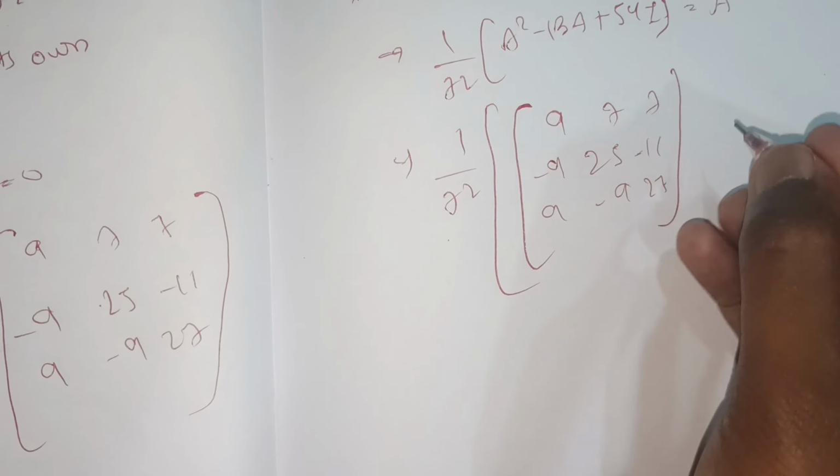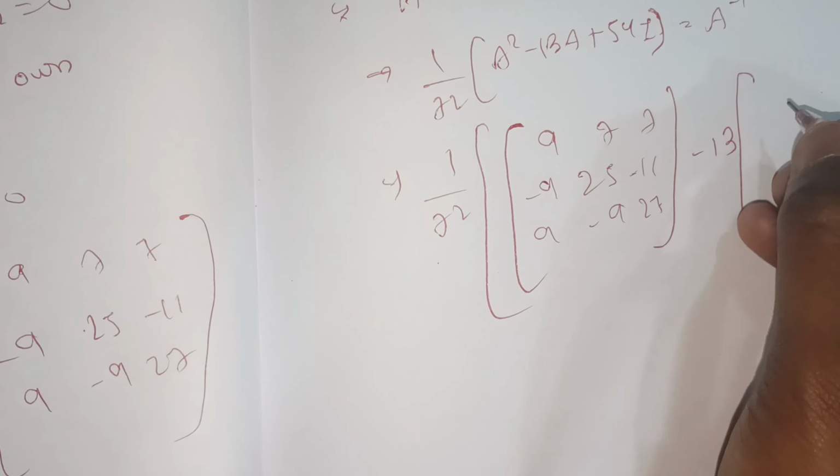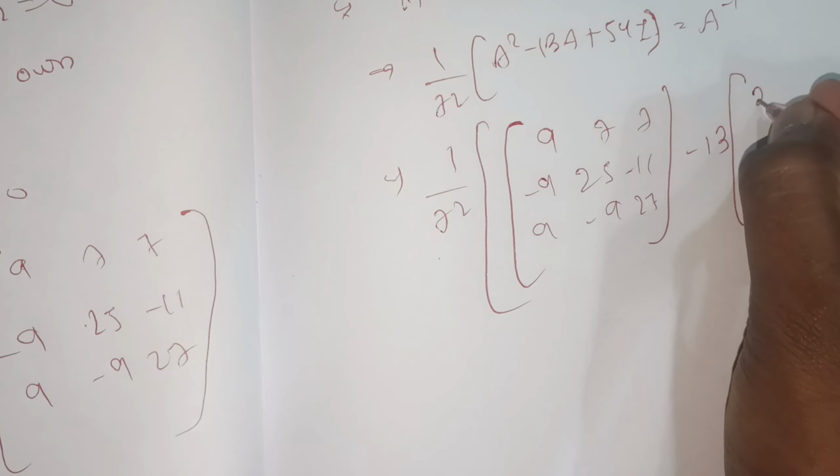So see here, from this you can write it 9 7 7, minus 9 25 minus 11, 9 minus 9 27. Next minus 13. 13 into A is what here? 3 1 1, minus 1 5 minus 1, 1 minus 1 5.